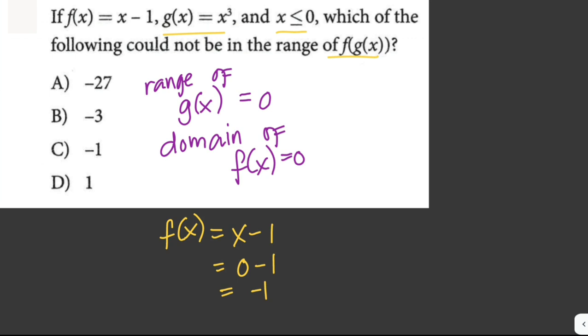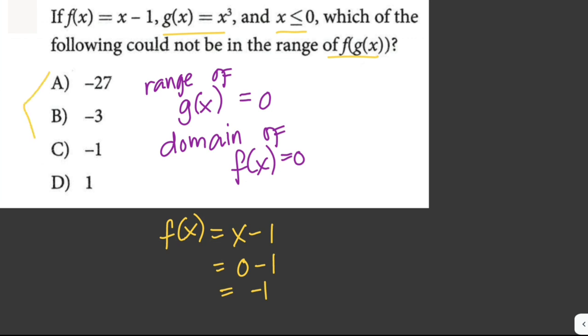So negative 1 is the largest possible range value for the composition f of g of x. So the range is from negative 1 and below. So anything above it is not in the range of f of g of x.